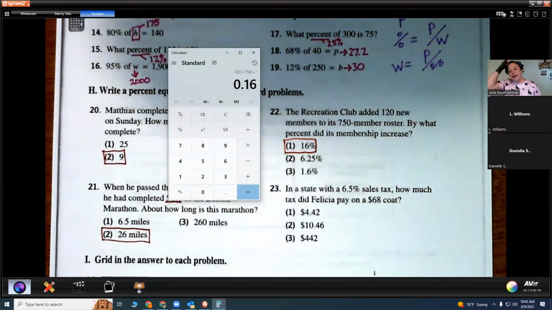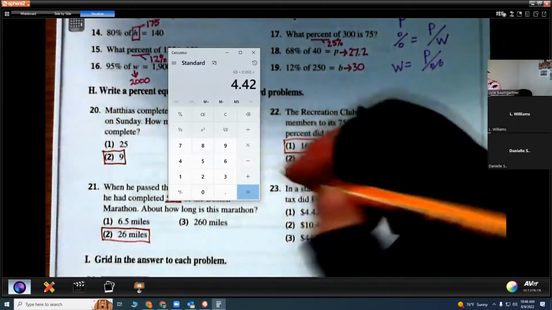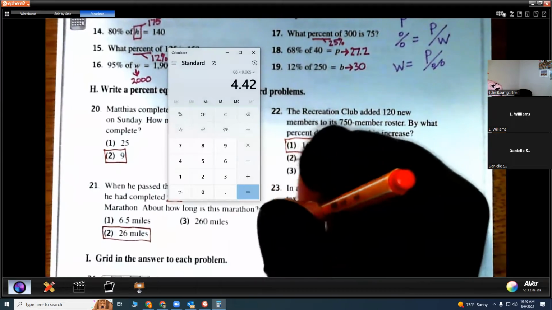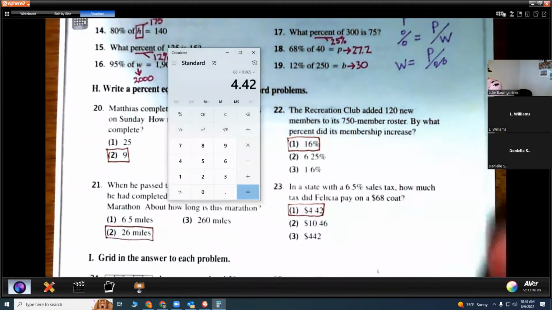Okay, so then finally, in a state with a 6.5% sales tax, how much tax did Felicia pay on a $68 coat? We take 68 times 0.065, which is 6.5%. And so she's paying $4.42. And once again, maybe you could just reason it out.